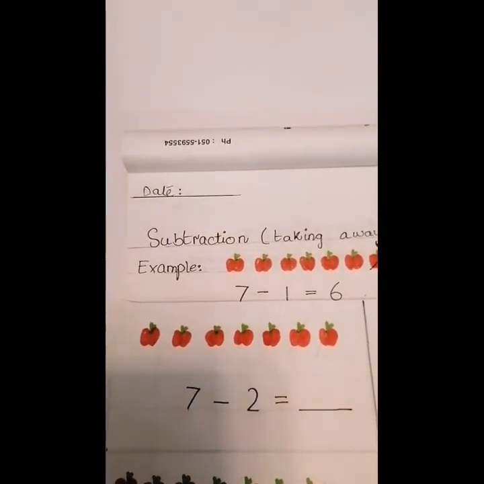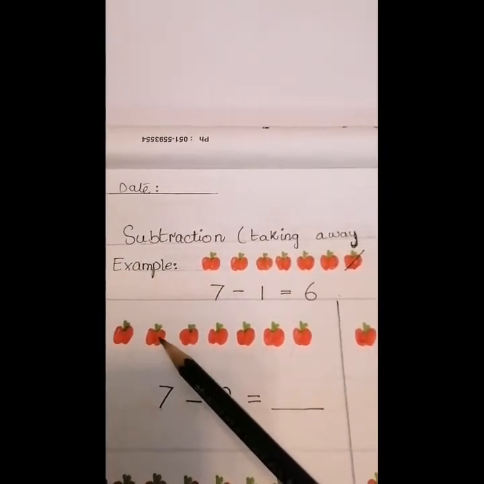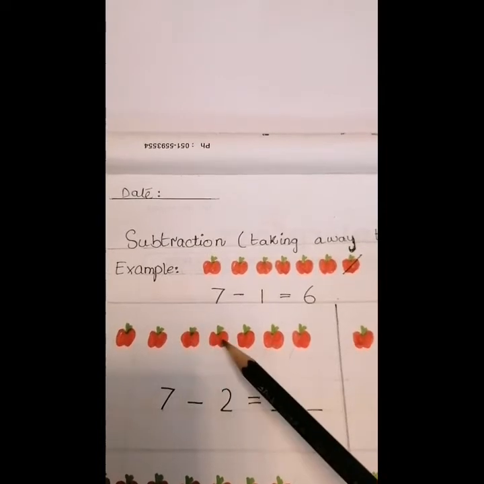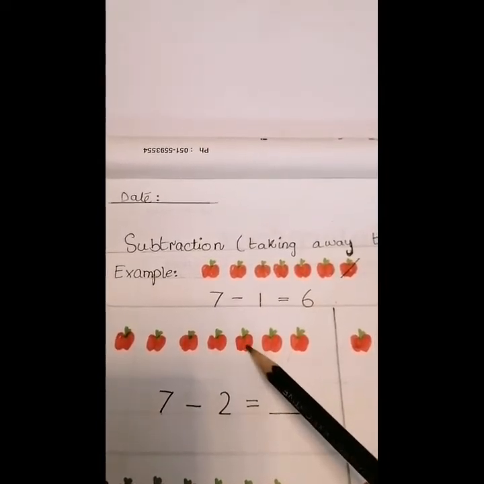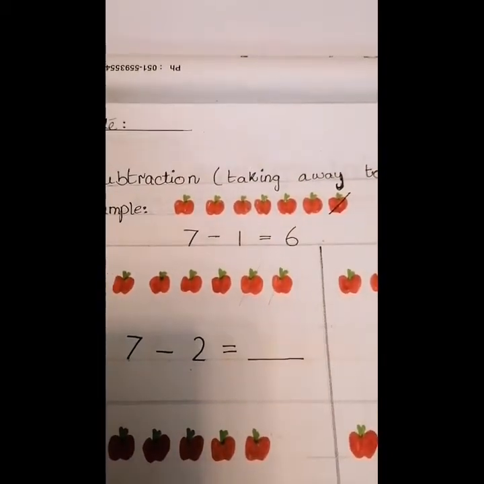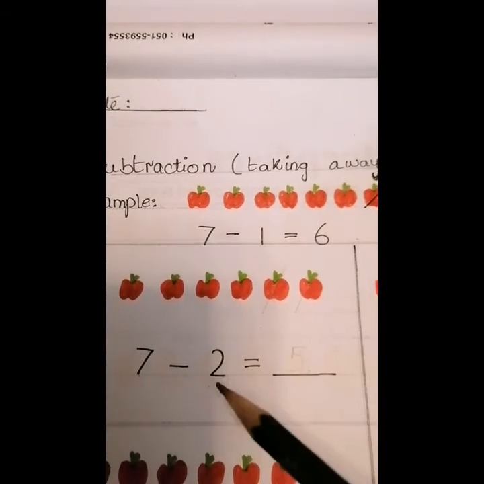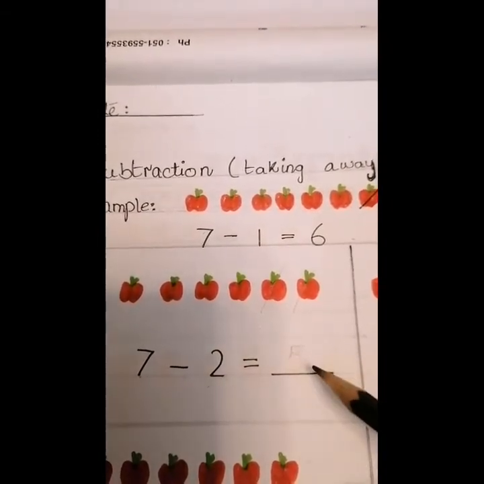Let's see how many apples are we left with. 1, 2, 3, 4, 5. What's the answer? 5. 7 minus 2 is equal 5.